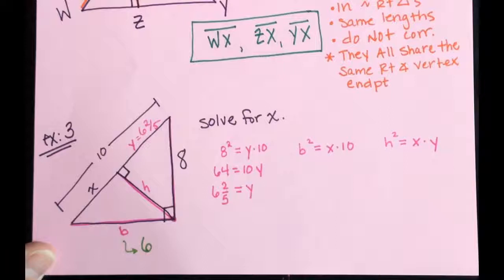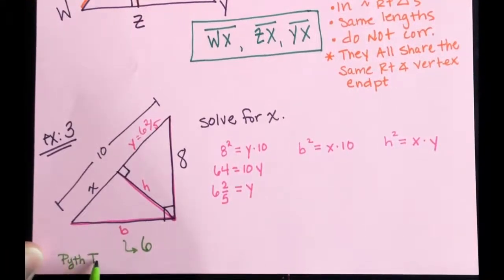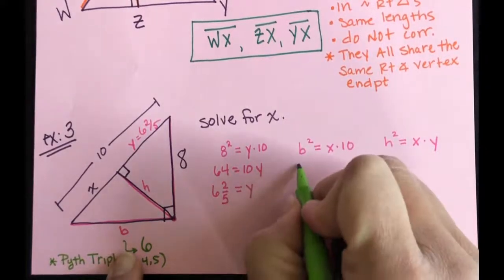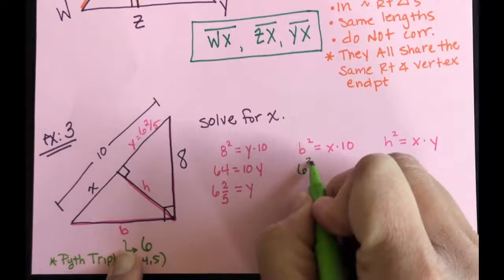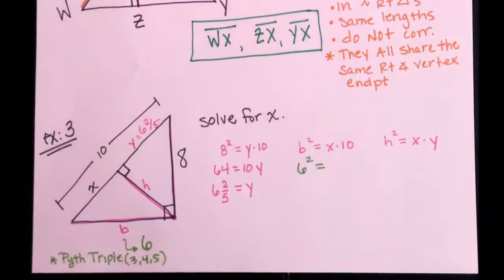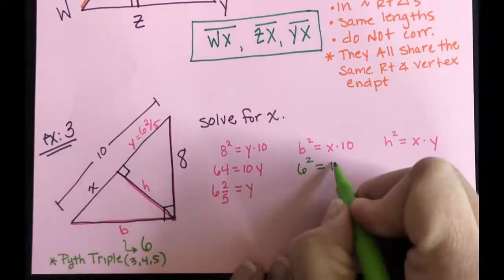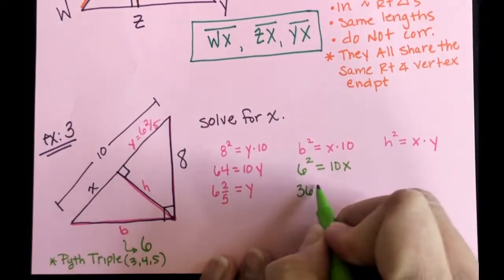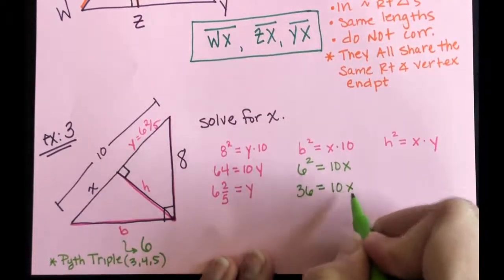this is 6. So yeah, we could have noticed that it was a Pythagorean triple, 3, 4, 5, or we could just do the Pythagorean theorem. And now we know what b is. So I could plug 6 in and square it because we did the Pythagorean theorem, and we end up with 36 equals 10x.